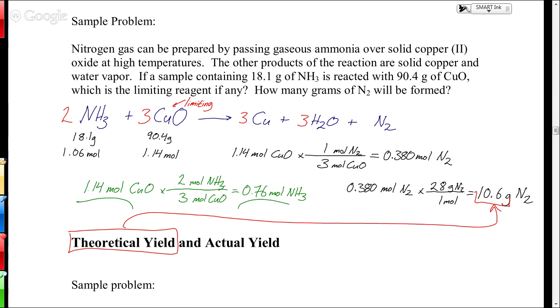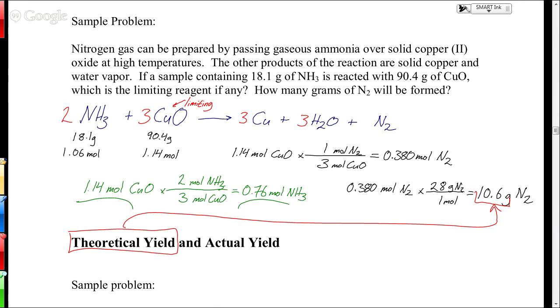A better way to say that is how many grams should be formed, or what is the theoretical yield? Because in real life, chemistry is not perfect. Every single molecule of ammonia does not get converted into nitrogen. There are all kinds of reasons that you might lose some, and it's not an error. It's not error at all. That's just part of the reaction.